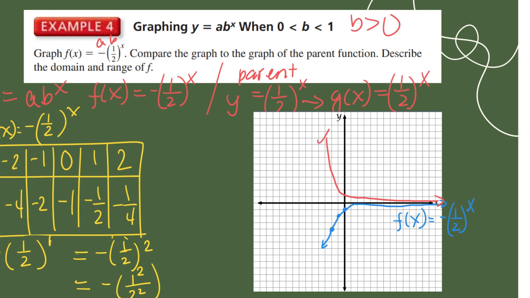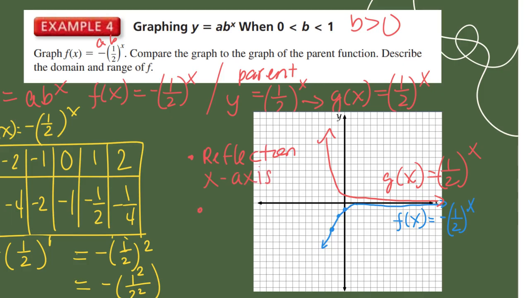Okay, so this is our parent with this g of x equals 1/2 to the power of x. So we kind of can see that this is a what? Reflection on the x-axis.